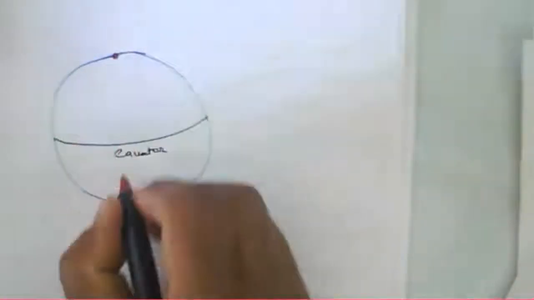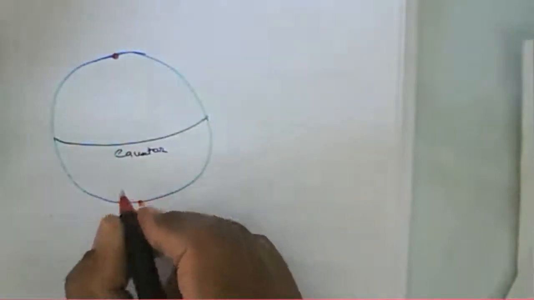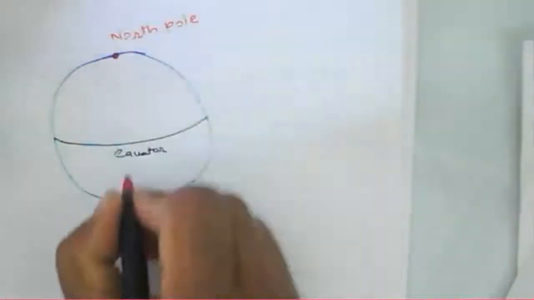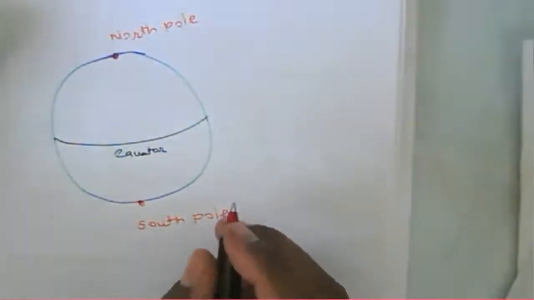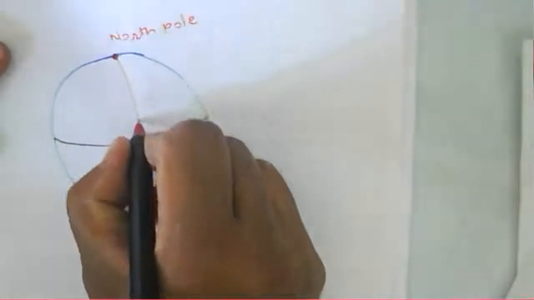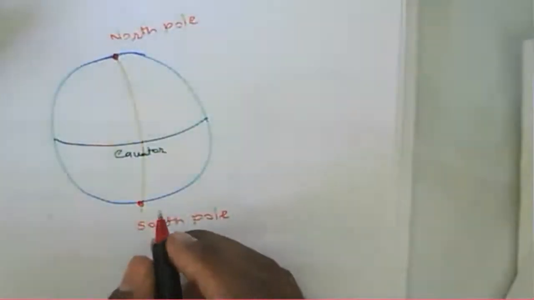And a line joining north to south, this is the north pole, and this is the south pole.